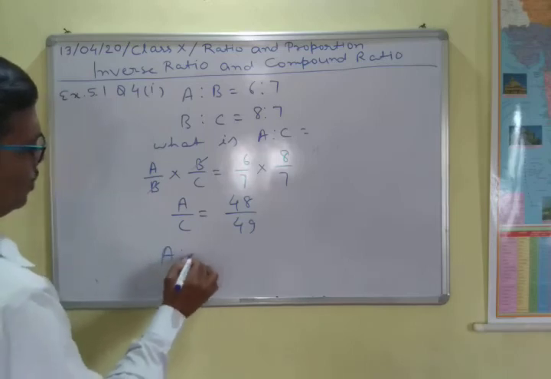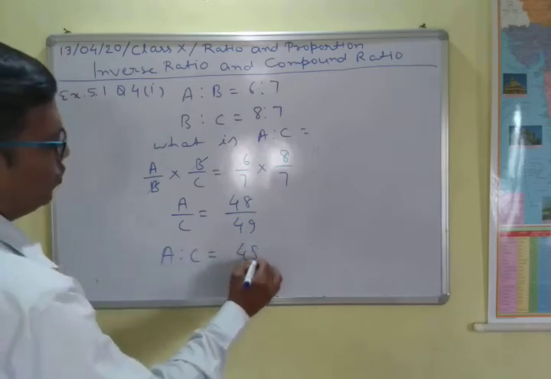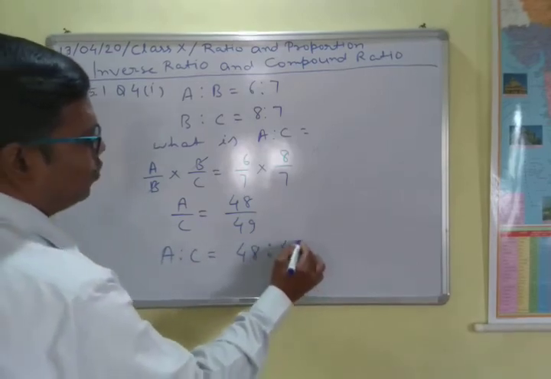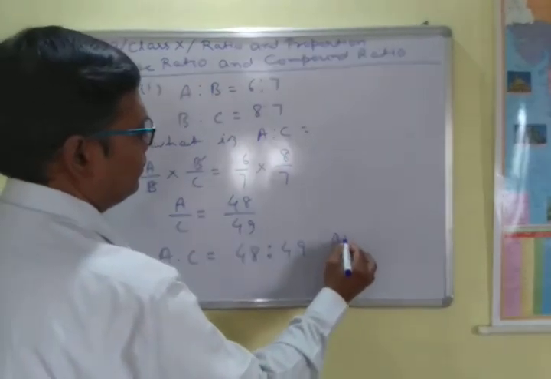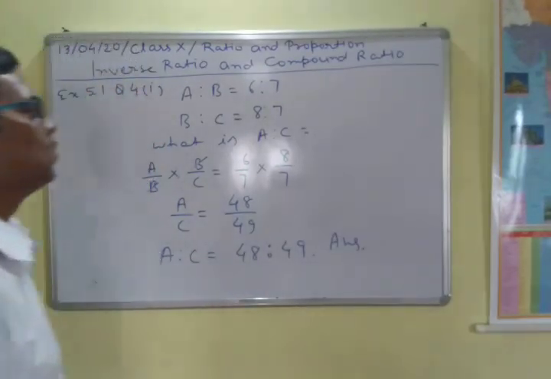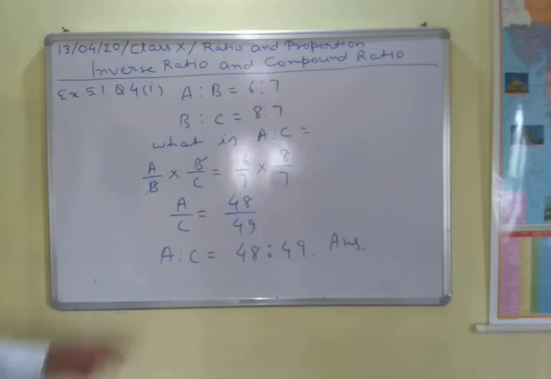So A is to C equal to 48:49. This is the answer of A is to C. That is, given A is to B and B is to C, we can find A is to C.